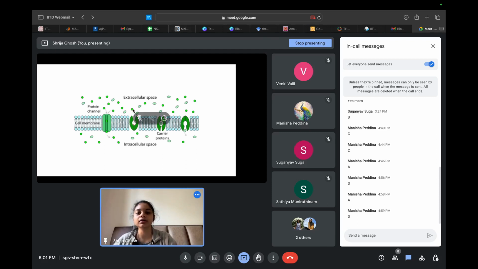That's how facilitated diffusion happens. The diffusion is facilitated by these carrier proteins, the green colored proteins shown. The movement is facilitated by those carrier proteins. It is a type of diffusion only, and it requires a conformational change to occur in the carrier protein in order for the transport to occur.